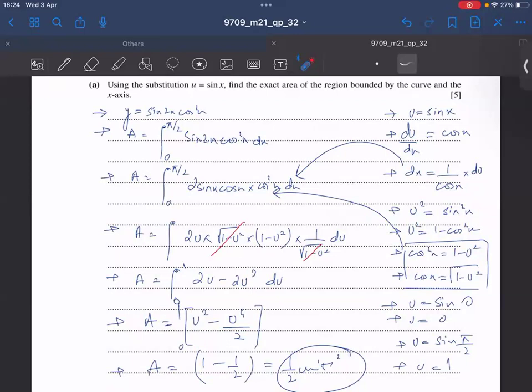You're getting the correct answer? Yes. So we must use square. Sir, in the marking scheme, the answer is 1 over 2. Yeah, you're getting 1 over 2. Okay.